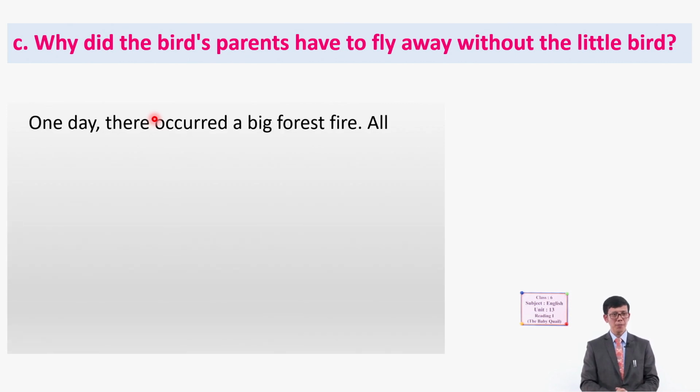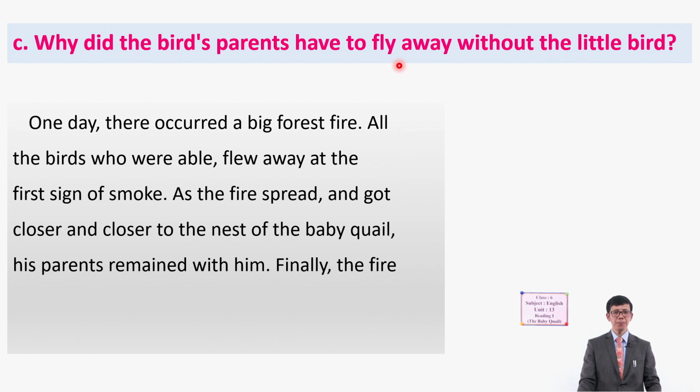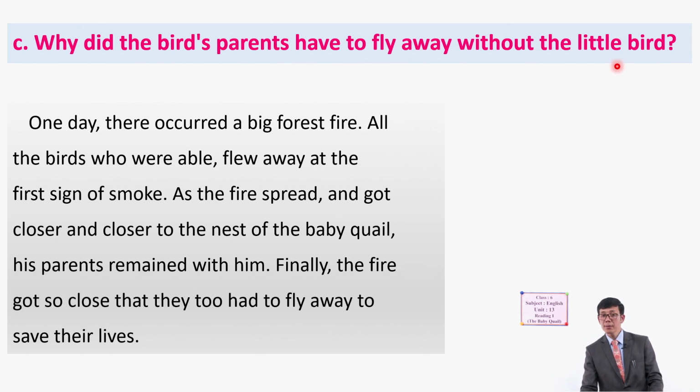Question number C. You can see, why did the bird's parents have to fly away without the little bird? Now, why did they fly without the little bird? Did you read? Please read the text quickly and tell me. Did you find?